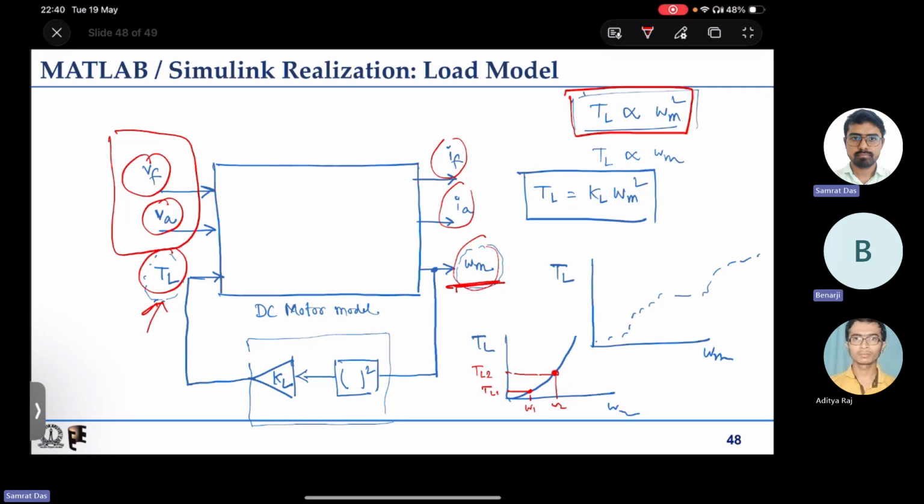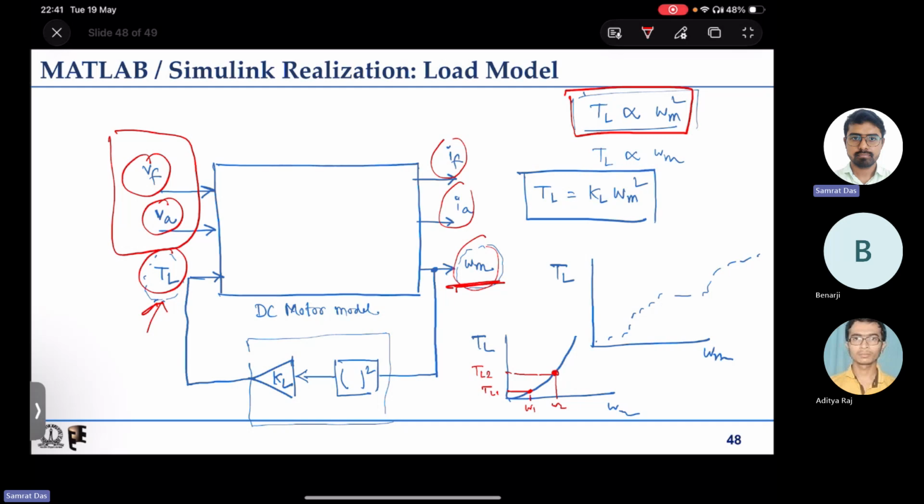Sir, basically where I am stuck is: to run at a specific omega m, I will need this TL torque, or if I have this much torque, I will run at this omega m. That is the confusion I am having. That is okay. It depends what the end goal is.